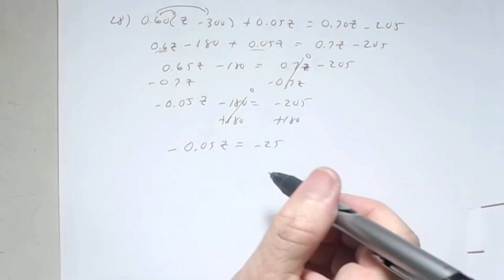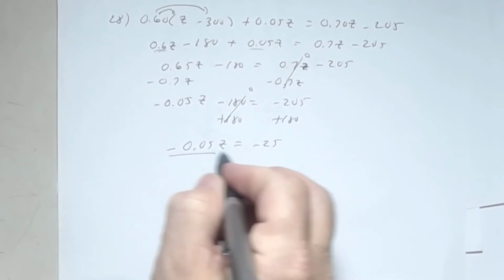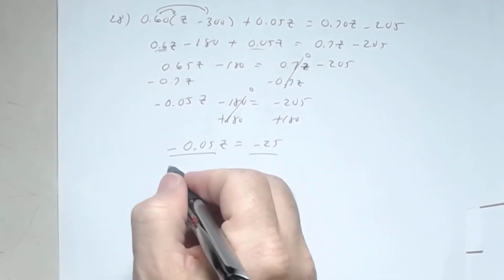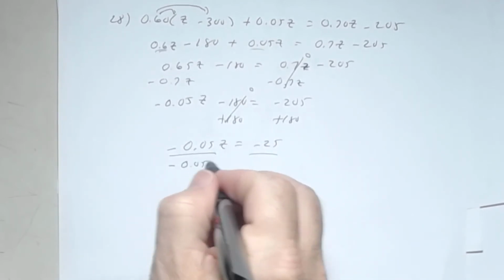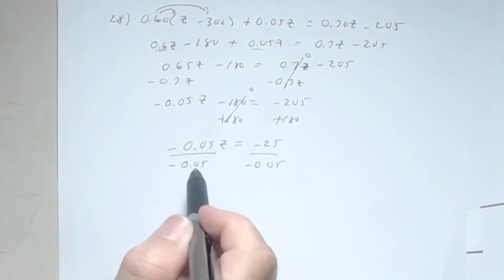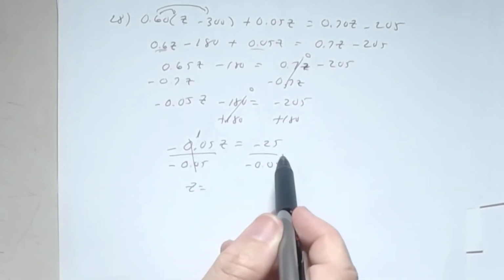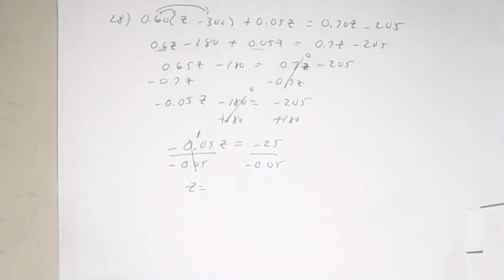All right, and then finally, what's the last step? Divide both sides by negative 0.05. And so negative 0.05 divided by itself is 1. 1 times z is z. On your calculator, what's 25 divided by negative 0.05?